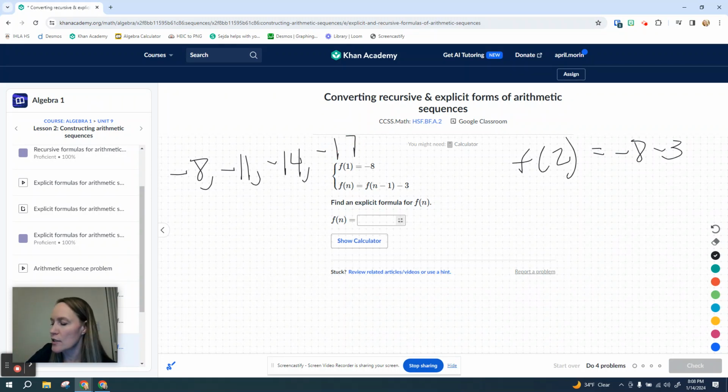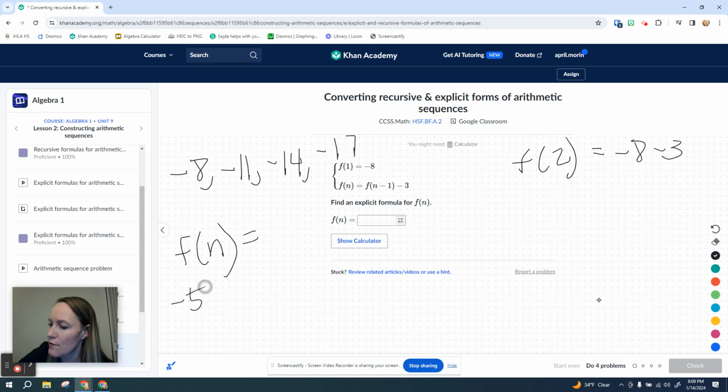So how can I do this if I have f of n? I'm going to take my pattern, which is -3, and I'm going to take -8 and add 3. So -8 plus 3 is -5.